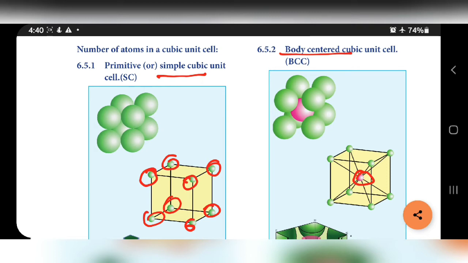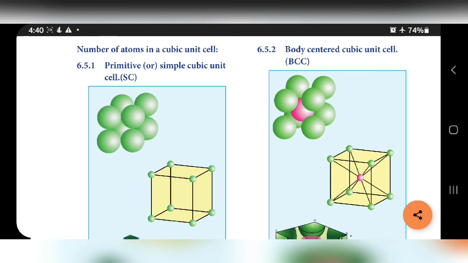Face center cubic means atoms present at the corners and also atoms present at the center of the faces. Now we are going to calculate the number of atoms present in simple cubic, body center cubic and face center cubic.